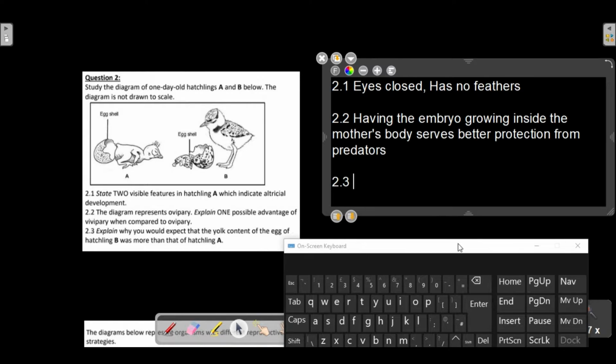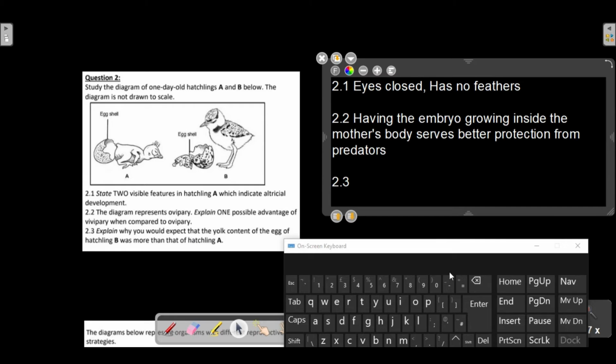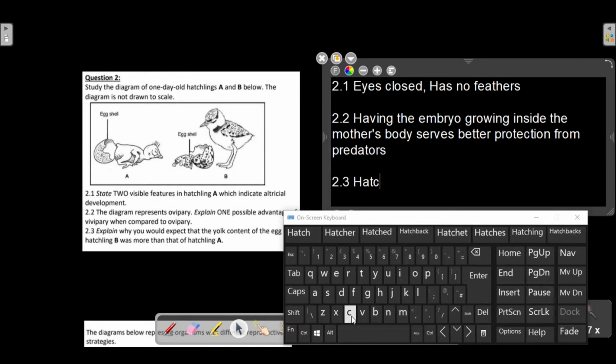And then 2.3 says, explain why you would expect that the yolk content of the egg of hatchling B was more than that of hatchling A. So this is like the same question as that one. Hatchling B has fully developed, and so this implies that it had more than enough yolk.